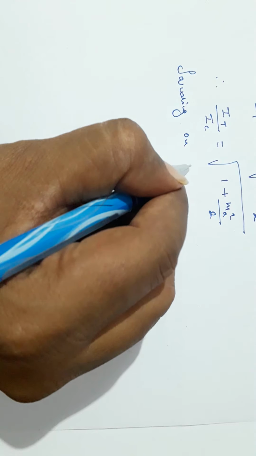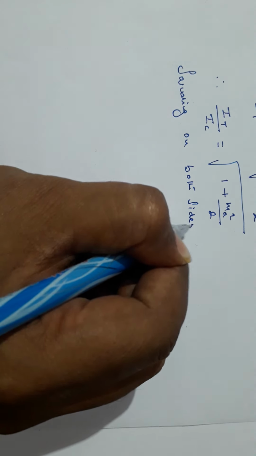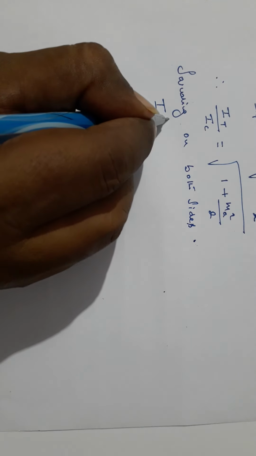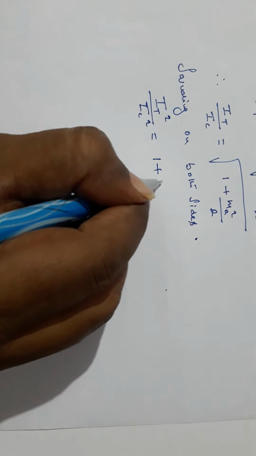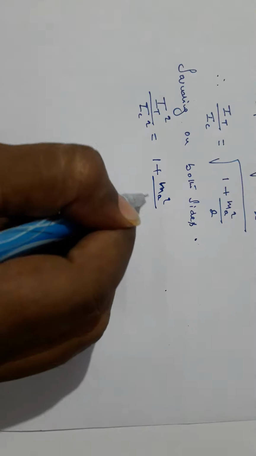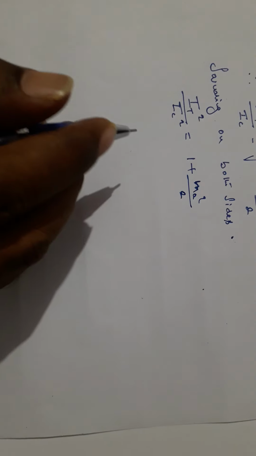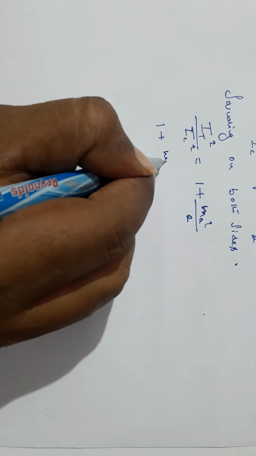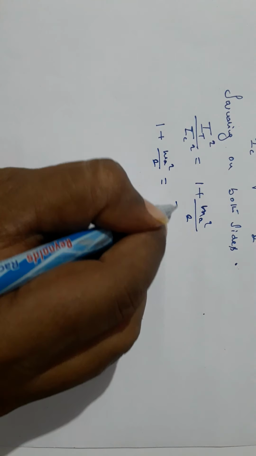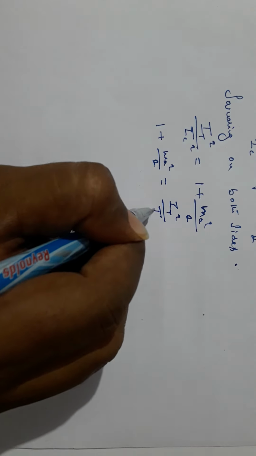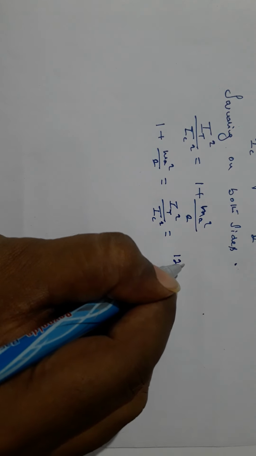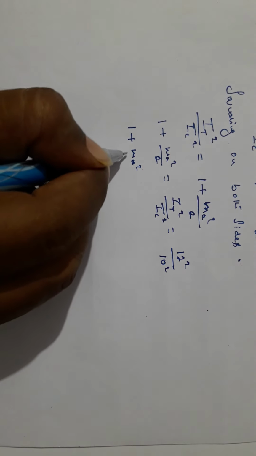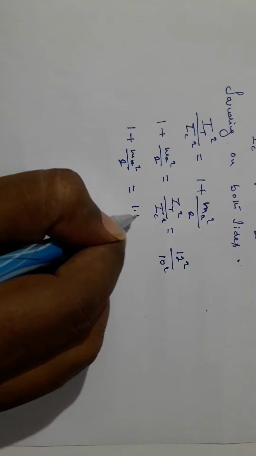Squaring on both sides, we get It square divided by Ic square equals 1 plus Ma square divided by 2, that equals 12 square divided by 10 square, which is 1.44.